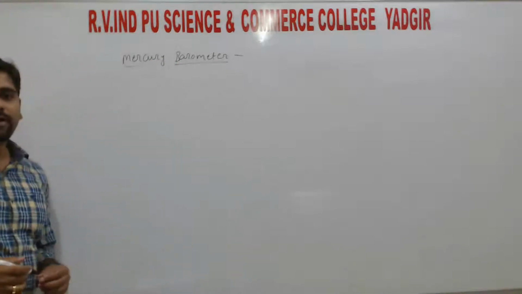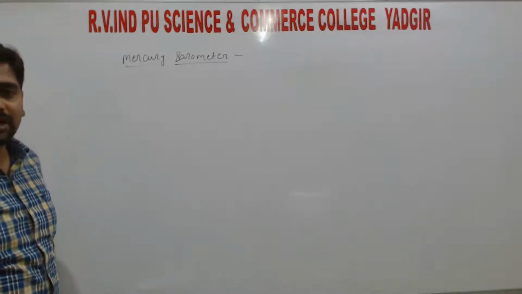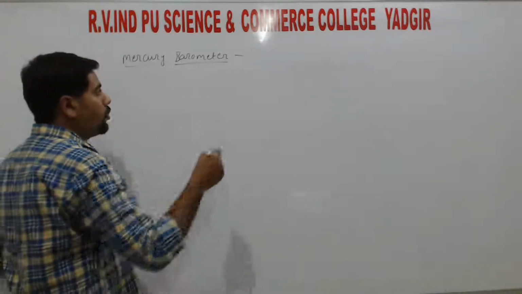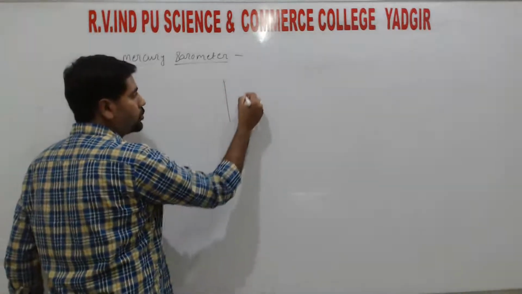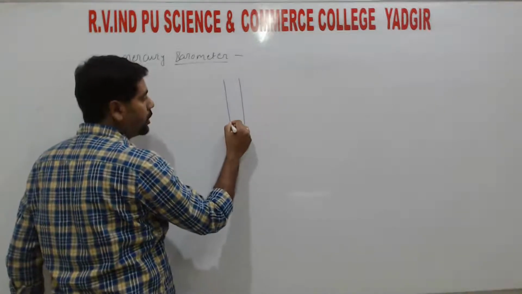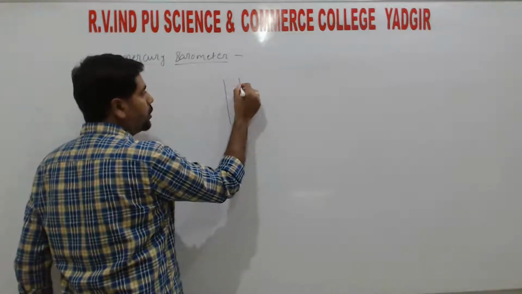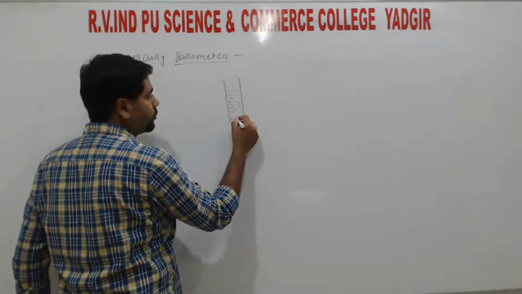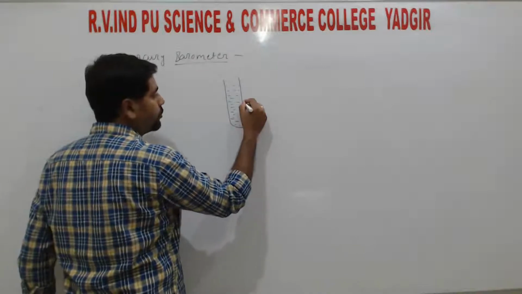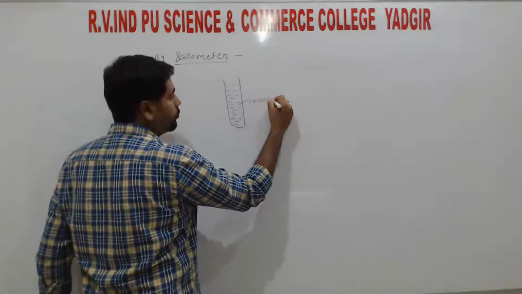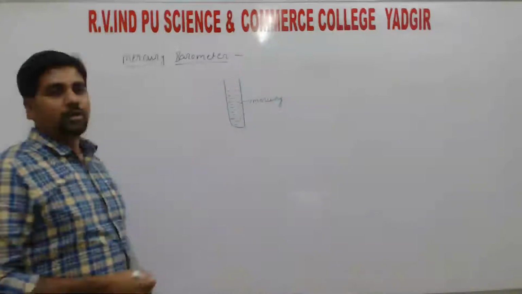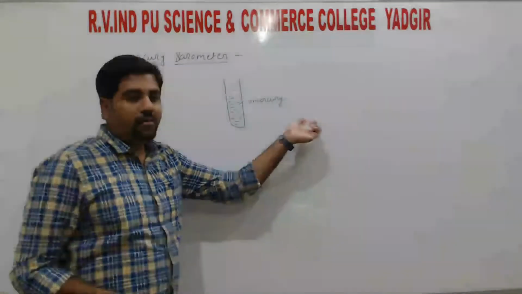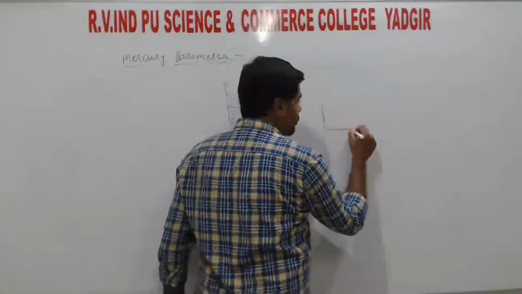For the Mercury Barometer, first he considered one open tube, with one side open, filled with mercury. Now this tube is inverted into another vessel containing mercury.